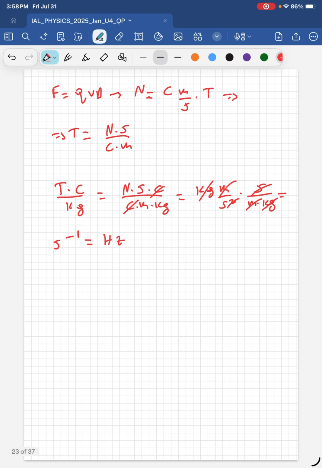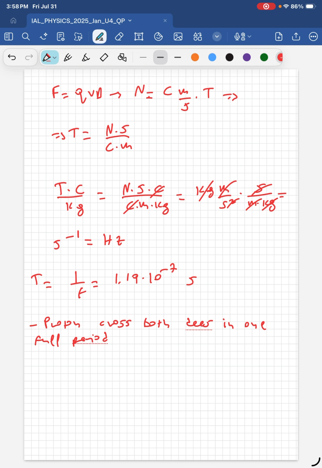Now we're not done yet. The period is 1 over the frequency, so 1.19 times 10 to the negative 7 seconds. Let me think. So the proton crosses both of these in one full period, right?